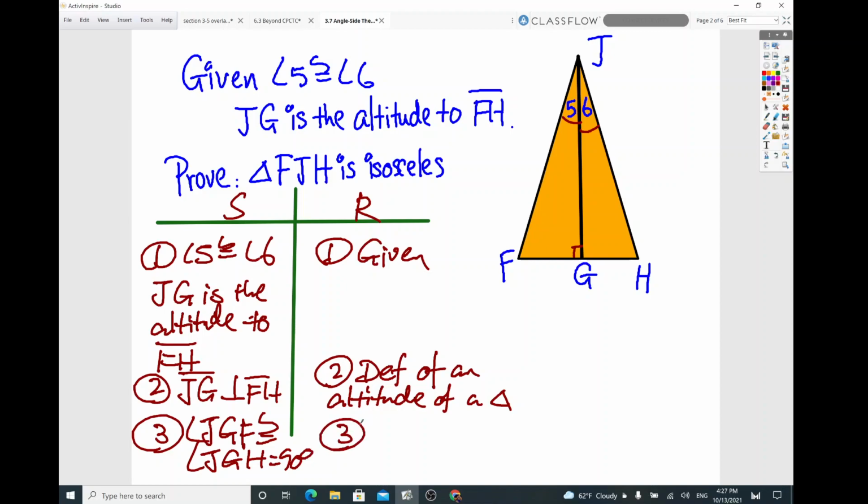This one is combined with the reasons: definition of perpendicularity and also congruent angles. So I just need to state one of those, definition of congruent angles with perpendicularity. Okay, so continue with the proof, statements and reasons.